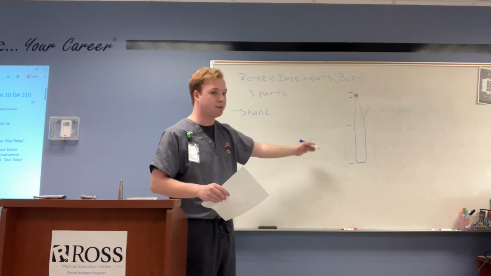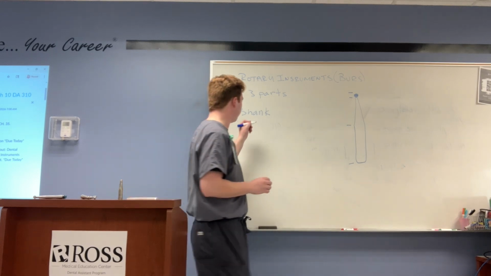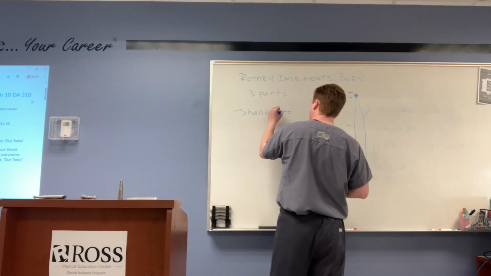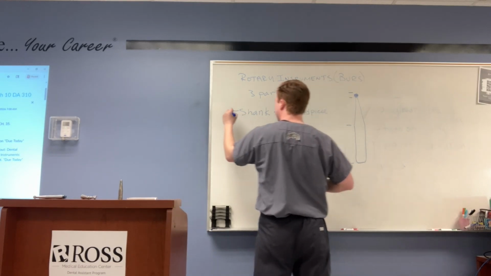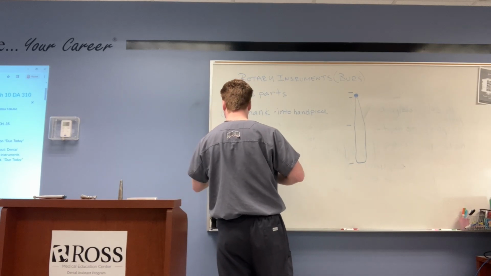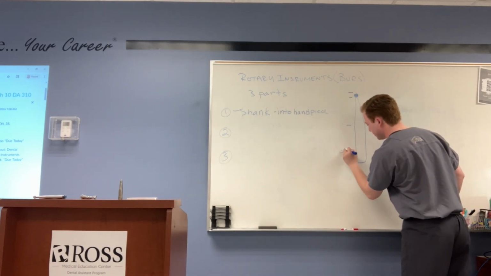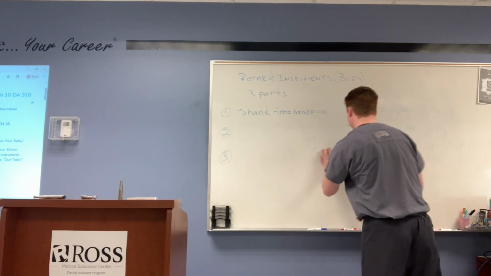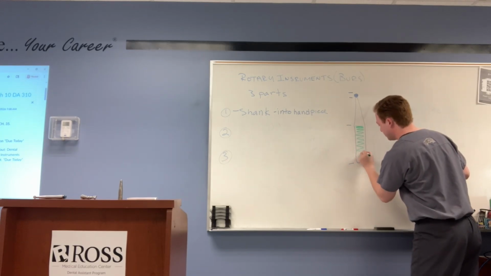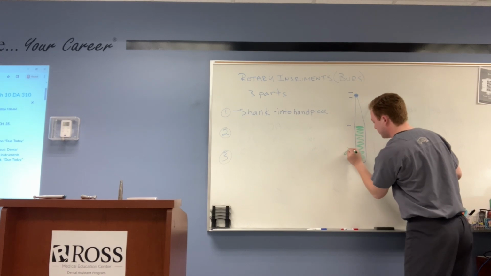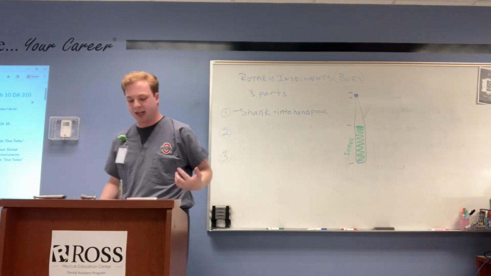If this is an example of a bur, this long part that goes into the handpiece is the shank. Actually, maybe I'll color code it. We have the shank, the part that goes into the handpiece.